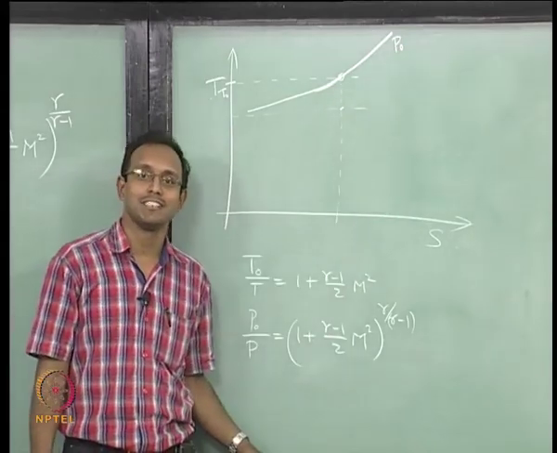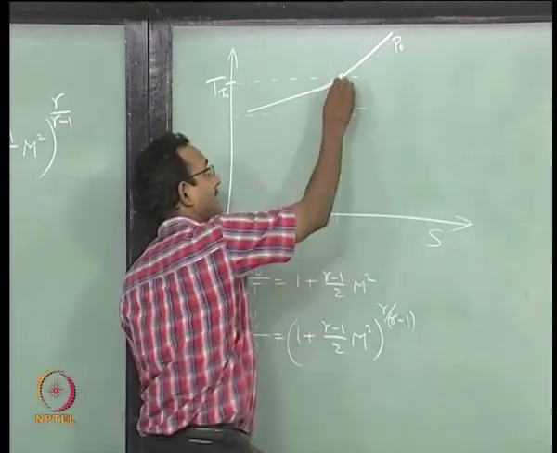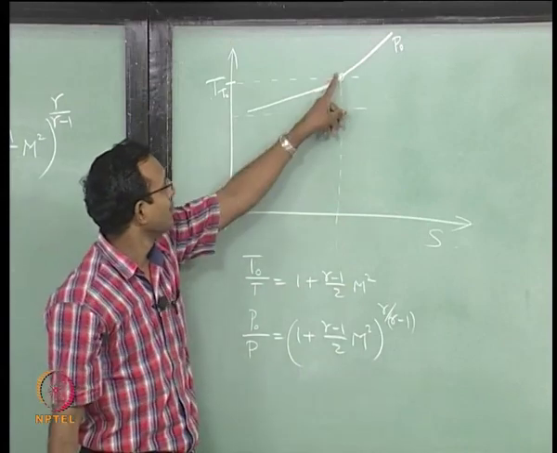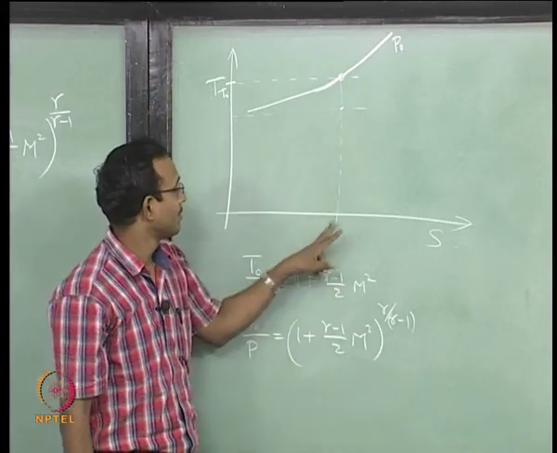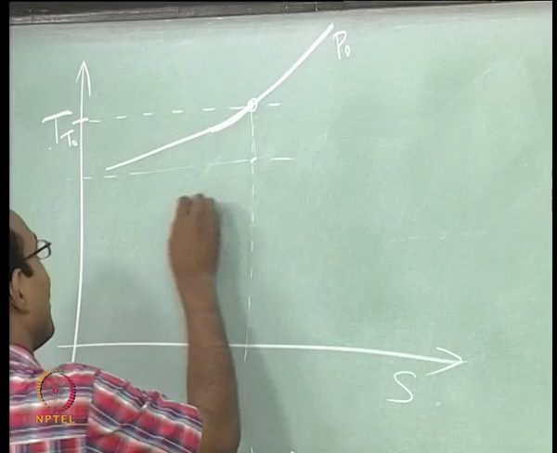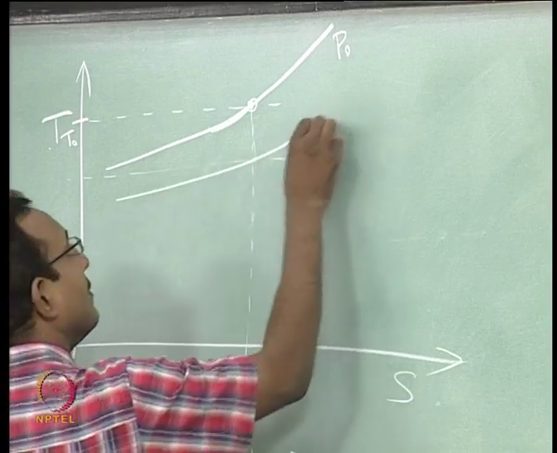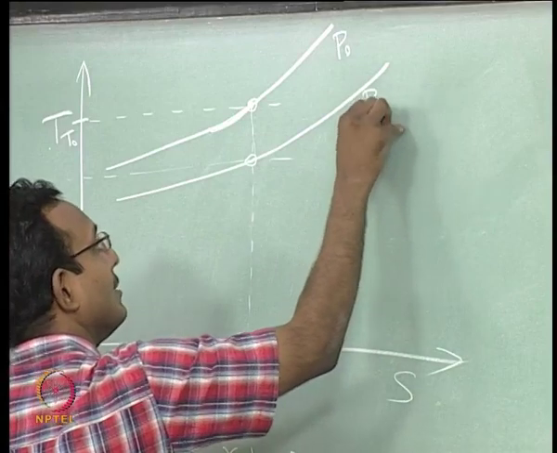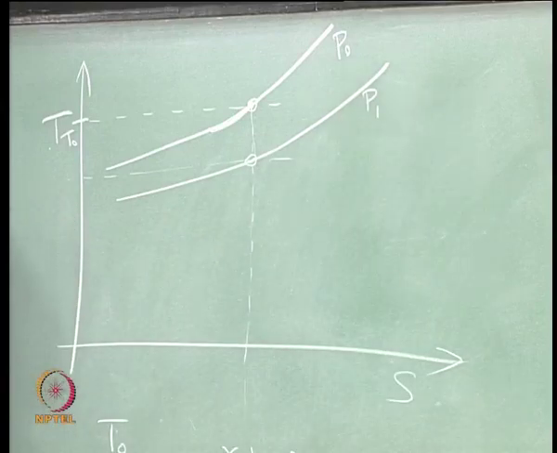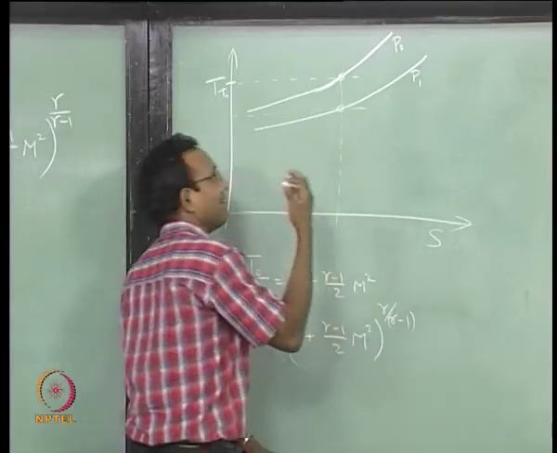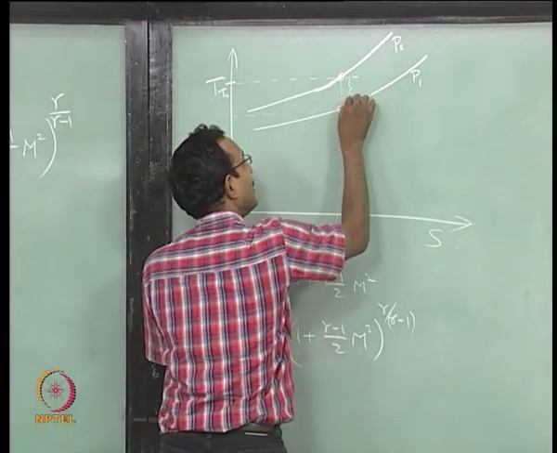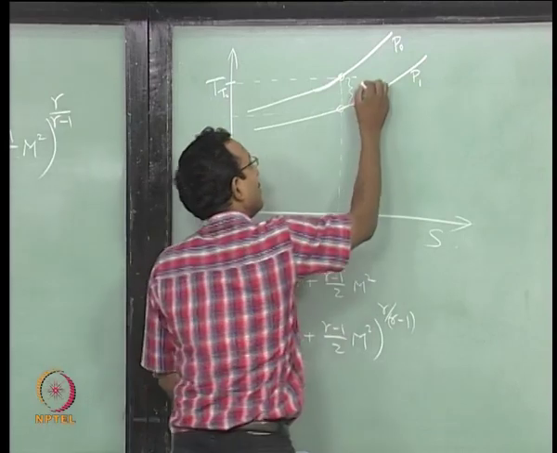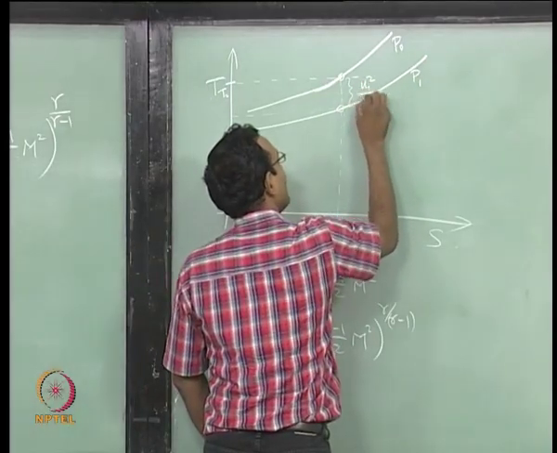I said my process is isentropic, which means it has to stay on this line. An isentropic process is going to be on this vertical line because entropy is the same. So now this will be my new pressure, let us say we call it P1, and I can find the value. What is this value equal to? That will be your U1 square by 2 Cp.